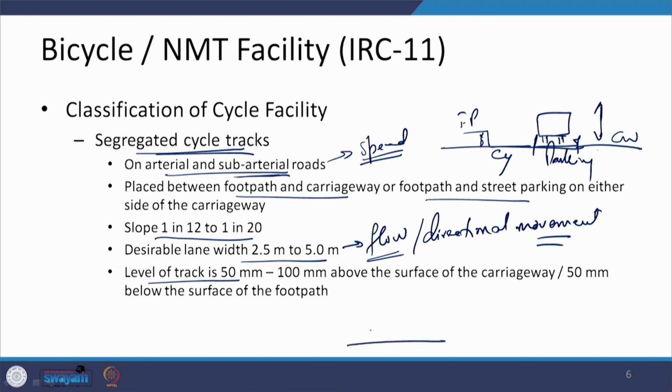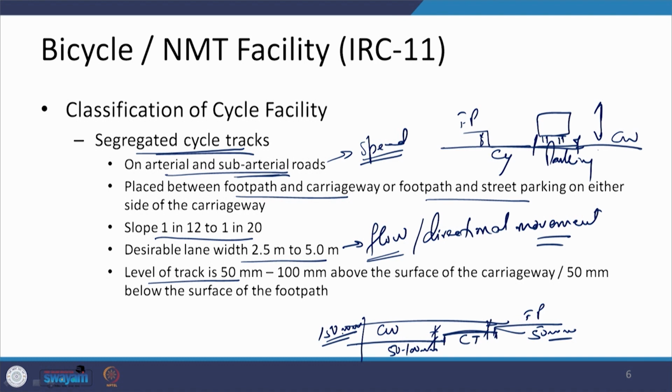So, if I have the carriageway here and I am going to provide the cycle track just along the edge of this, then this cycle track is going to be at a height of 50 to 100 mm like this, and if I am going to provide a footpath on the other side, then again this footpath is roughly 50 mm above the cycle track surface, and in total the footpath is going to be 150 mm above the surface of the carriageway.